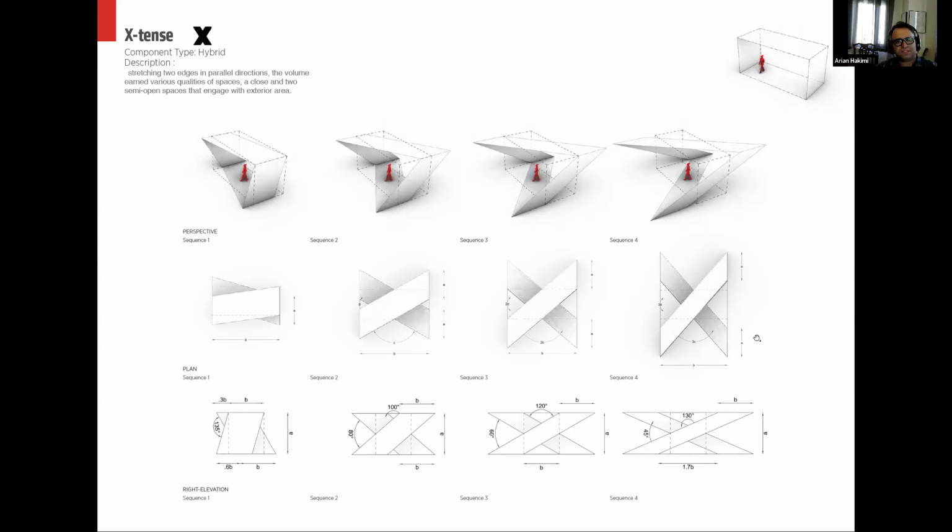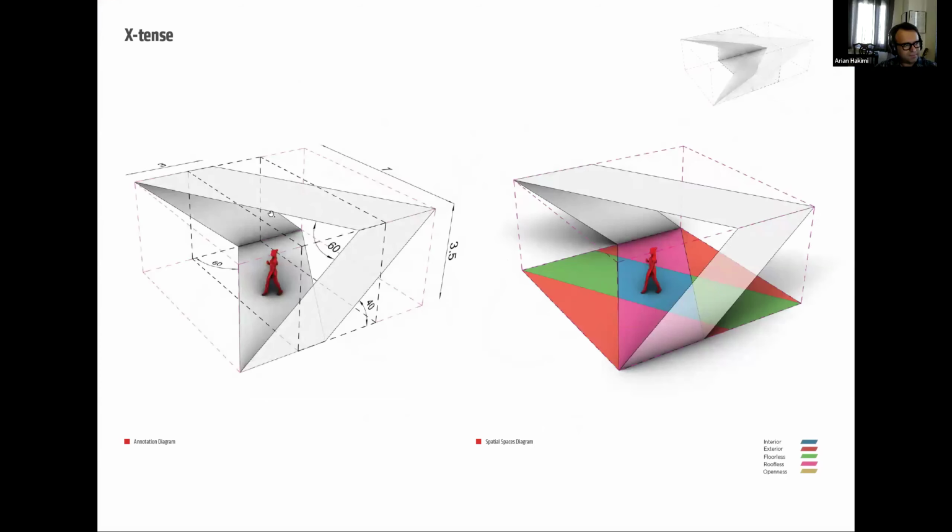Architecturally speaking, in the blue zone you have the floor and the ceiling on top. In the magenta zone you have the floor, but no ceiling on top. In the green part there is no floor, but you have the ceiling above you. And in the red part, you have neither the floor nor the ceiling.